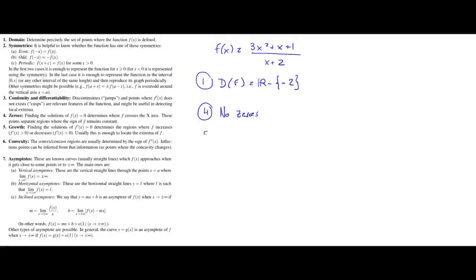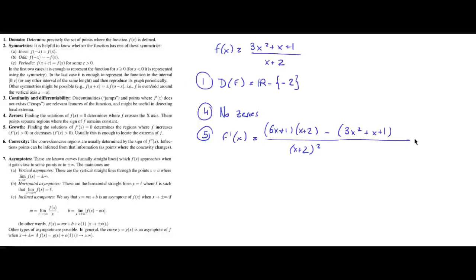Now about growth, let's compute the first derivative. The first derivative is going to be, over (x plus 2) squared, the derivative of the numerator, which is 6x plus 1, times (x plus 2), minus (3x squared plus x plus 1).